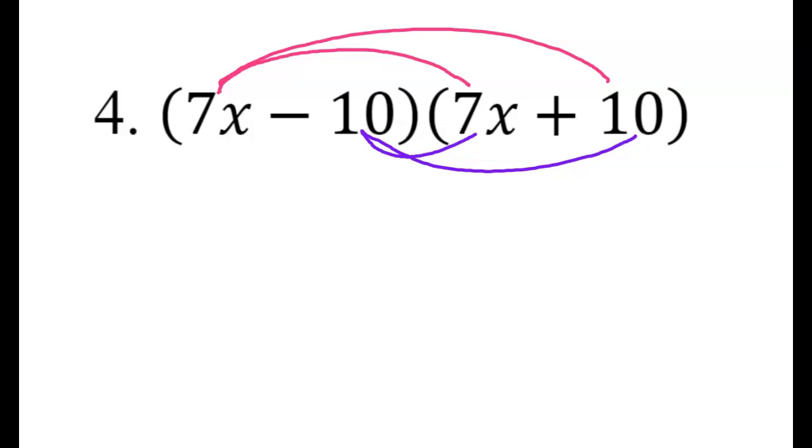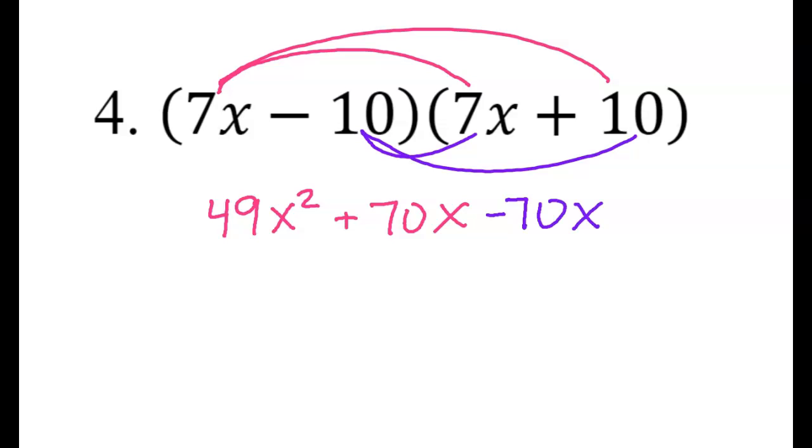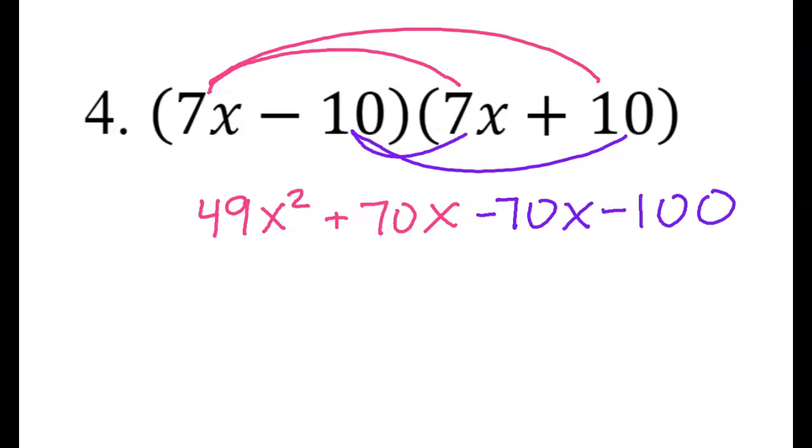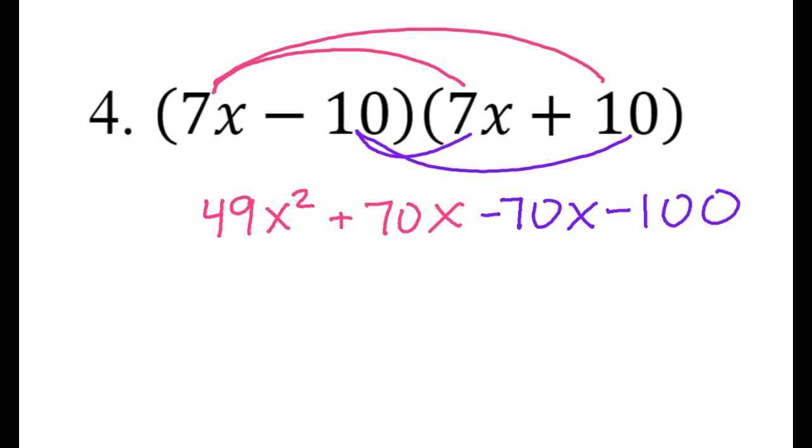So we have 7x times 7x, 49x squared, 7x times 10, 70x, and then negative 10 times 7x, negative 70x, and then negative 10 times 10, which is negative 100.